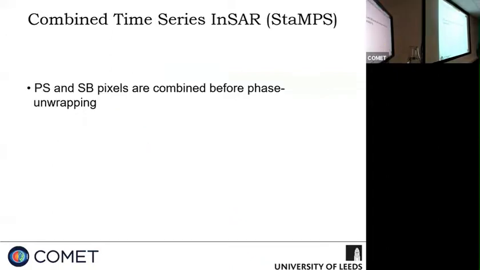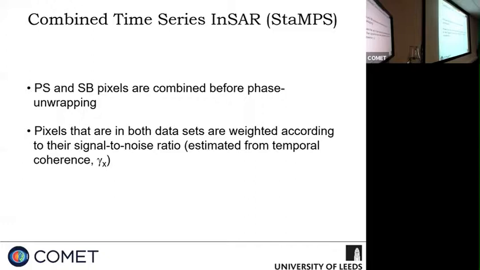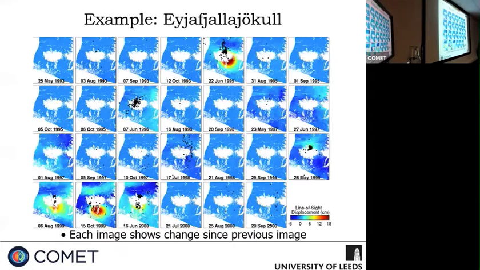So the way SatSense does it, it essentially runs both the PS and the small baseline method for point selection. Then afterwards, the points are combined, and then you do a phase unwrapping of all points together. You weight the points with respect to the signal-to-noise ratio, to not bias your results too much.